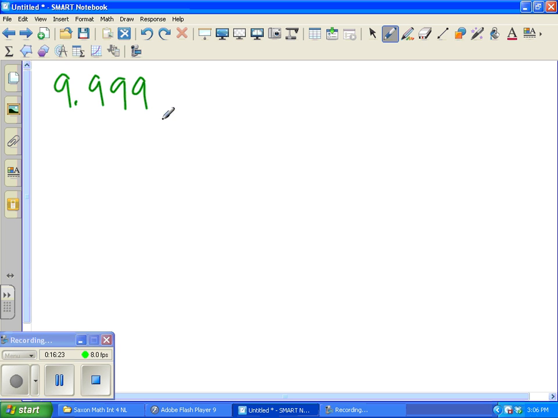This one's fun. Okay, we've got 9 and then the fraction. So I'm going to put a big 9 for my whole number. And now I read what I see. I see 999. And I stopped reading at the thousandths position.